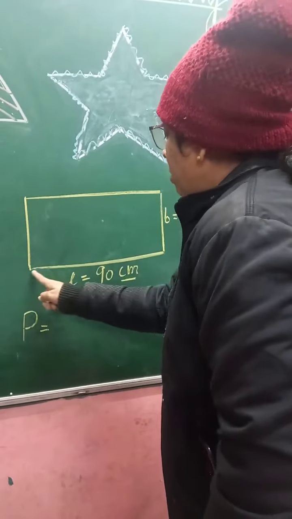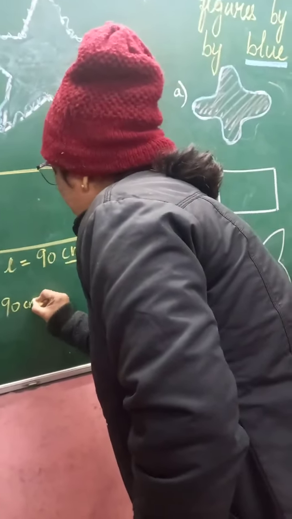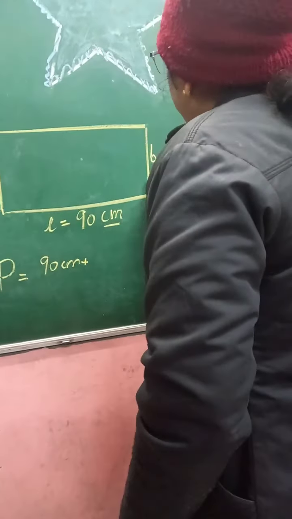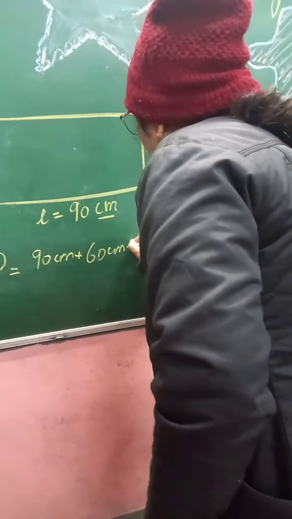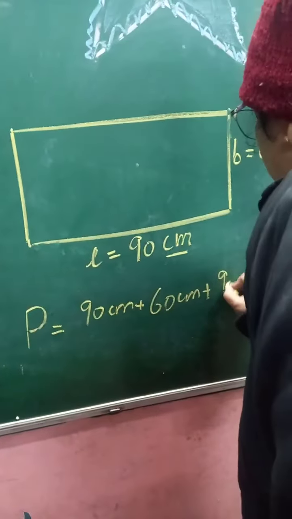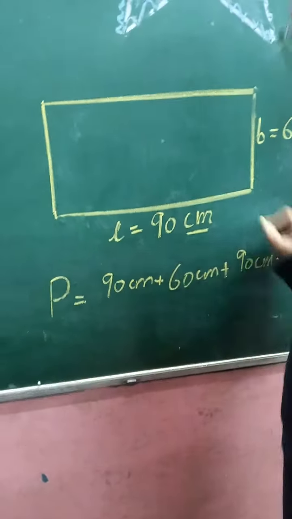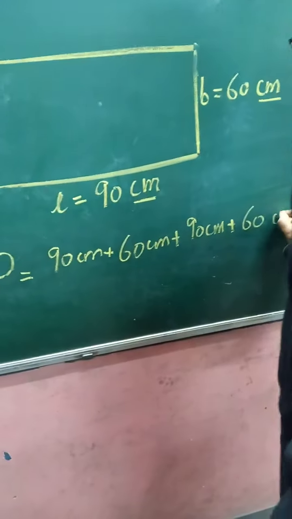So let us start. This length is 90 centimeter plus, then this breadth, 60 centimeter plus, again this is 90 centimeter plus, again this, 60 centimeter.